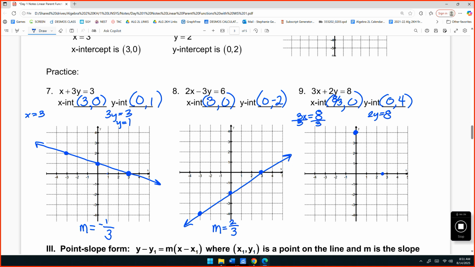Look at these over here. Let me highlight them a little bit. Look at the equation, and look at the slope. Even though standard form does not give you the slope, can anybody see a shortcut of getting the slope from the standard form?